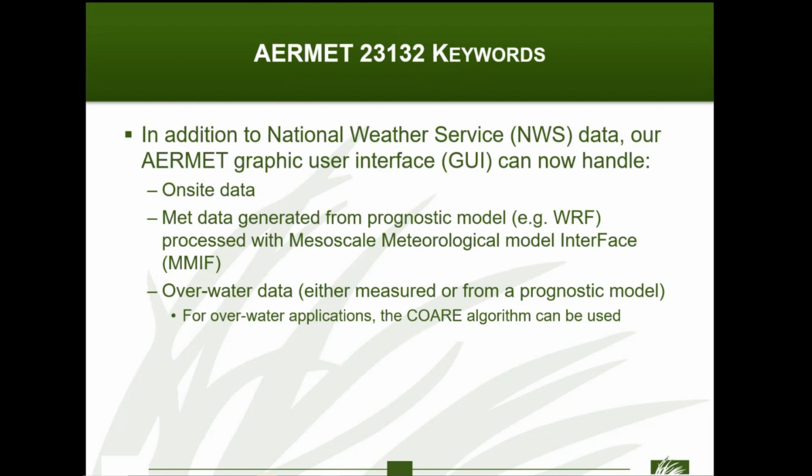You would take the WRF data and process it through the Mesoscale Model Interface Program or MMIF. Or you can also process over water data, either measured or coming out of a prognostic model. And for those overwater applications, we now can invoke the core algorithm.